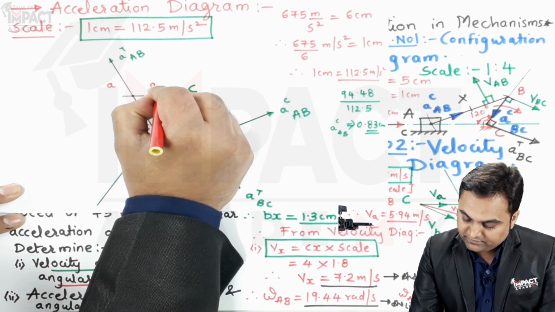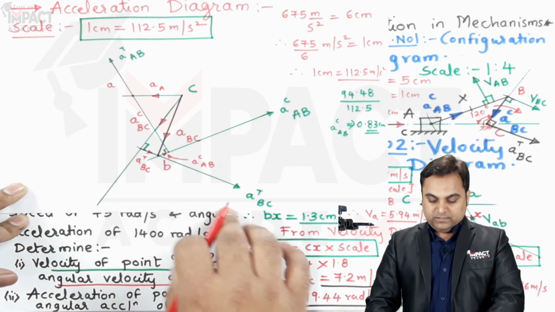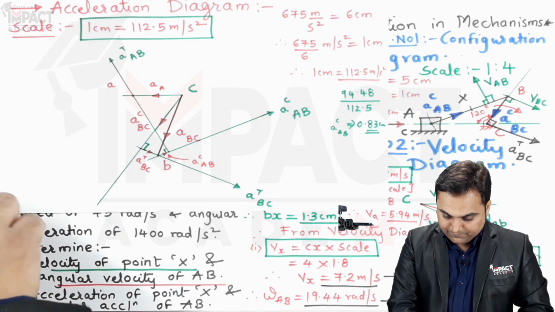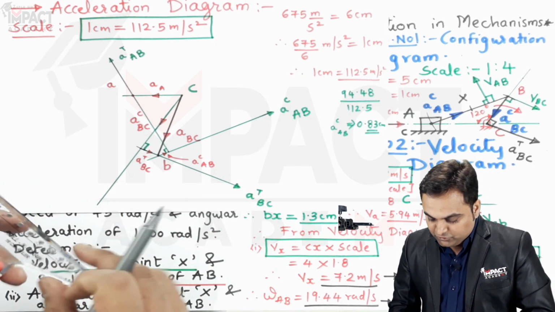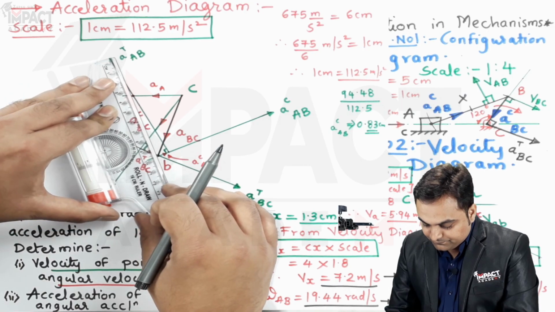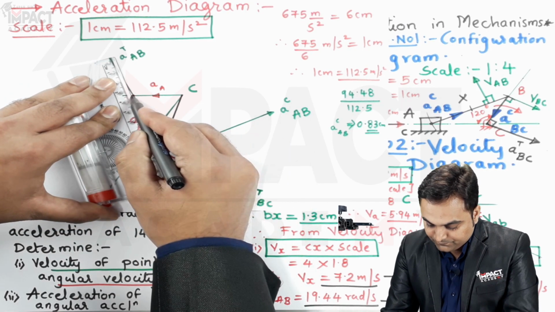I'll say it is capital A here. Now after getting this point A, originally we have point B over here. So A would be joined to point B, and that would give me the main acceleration for link AB.